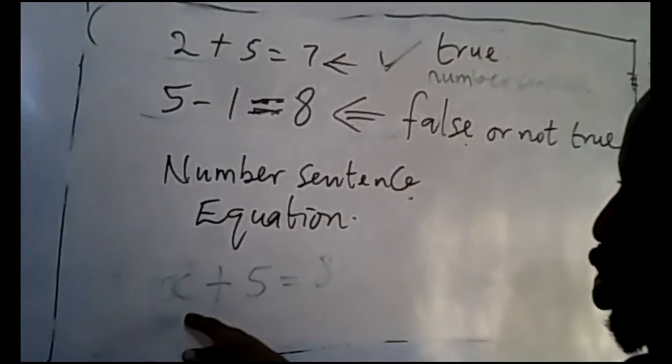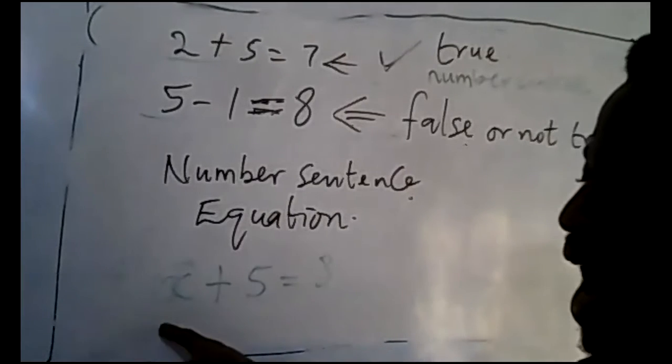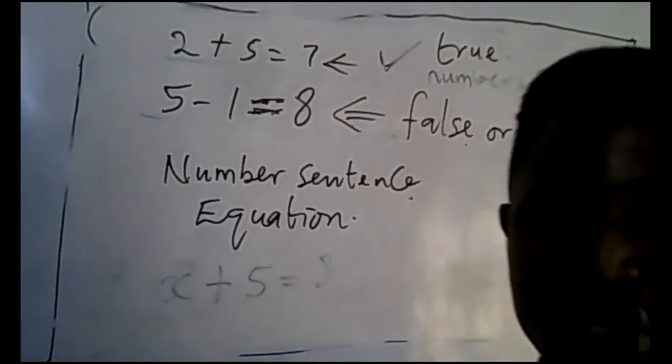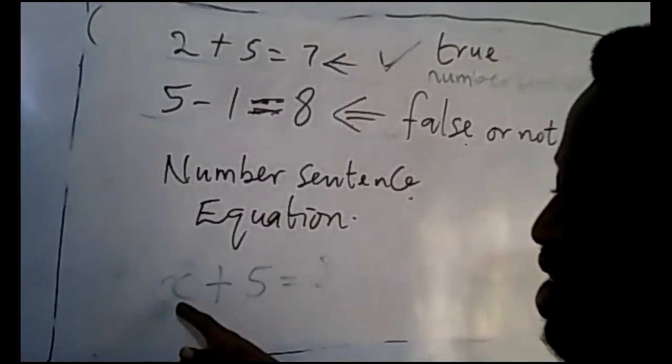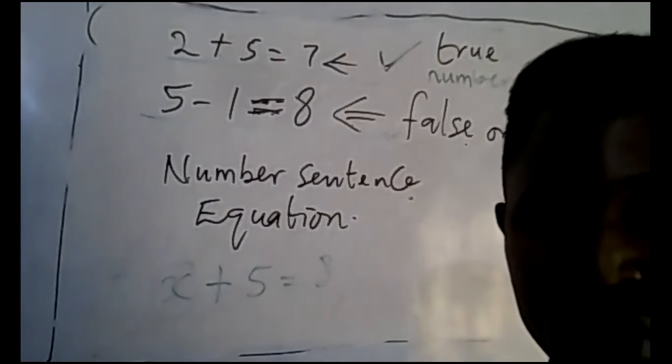Obviously, x is an unknown. X is an alphabet. So this is called an alphabet sentence because what is to be found is represented with an alphabet x.